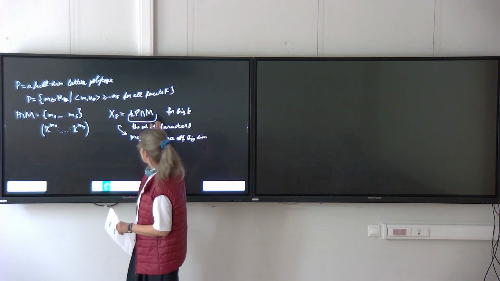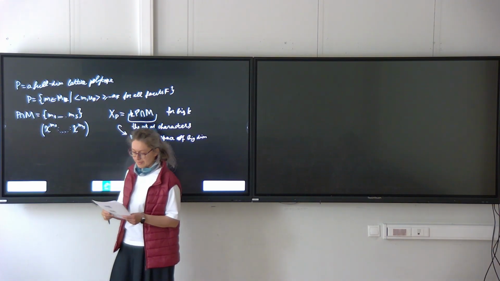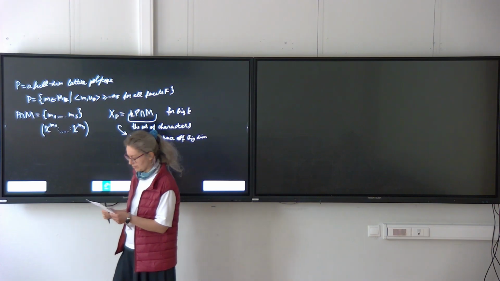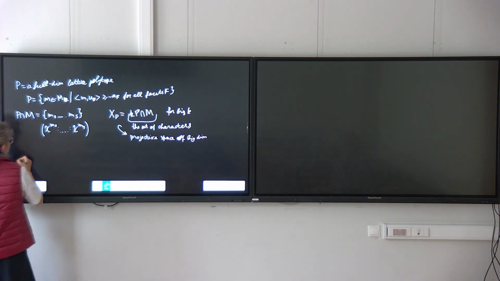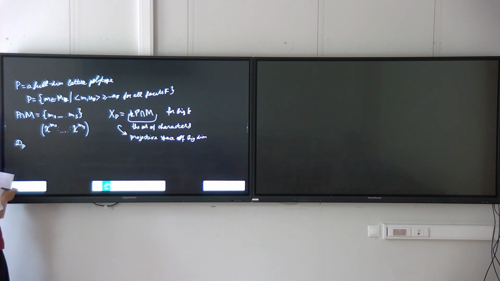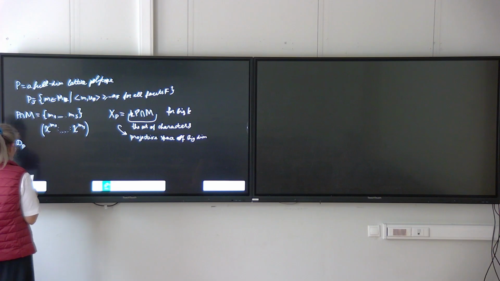This one is good, and this one we don't know whether it is good or not. But we always have a divisor, DP. So the fan will be the normal fan to this polytope, and the divisor will be given by the same numbers.